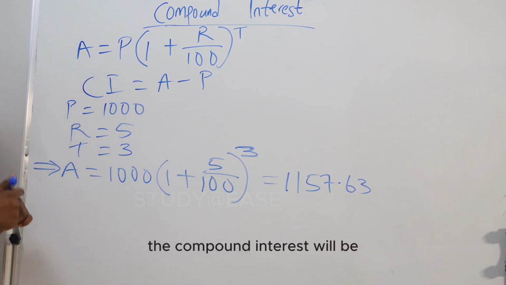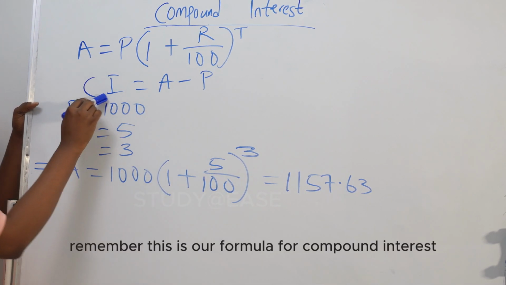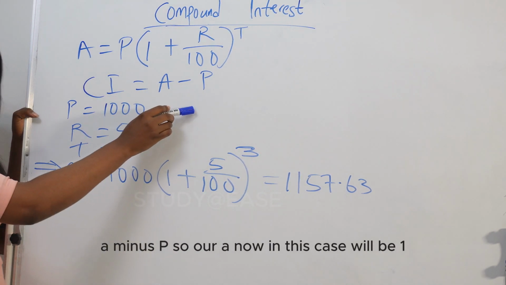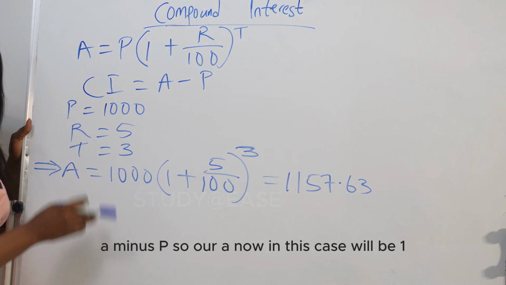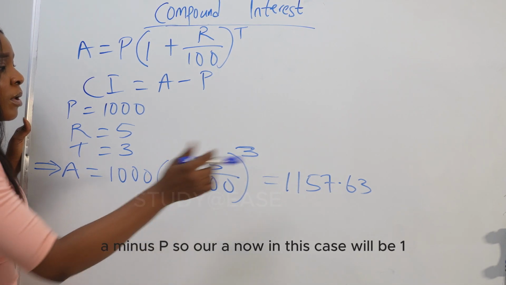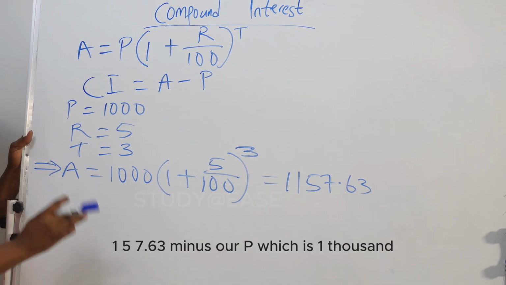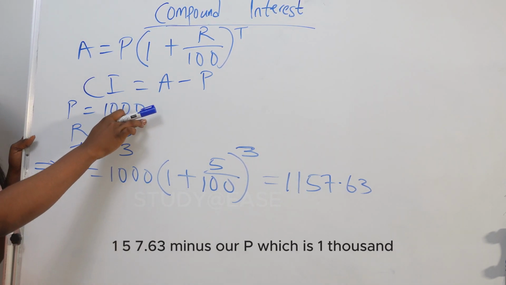The compound interest will be, remember, this is our formula for compound interest, A minus P. So our A now in this case will be 1157.63 minus our P, which is 1,000.